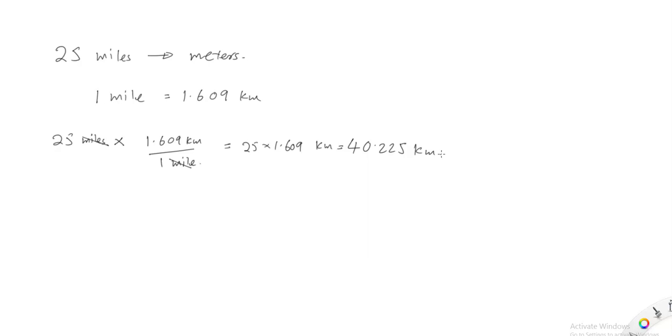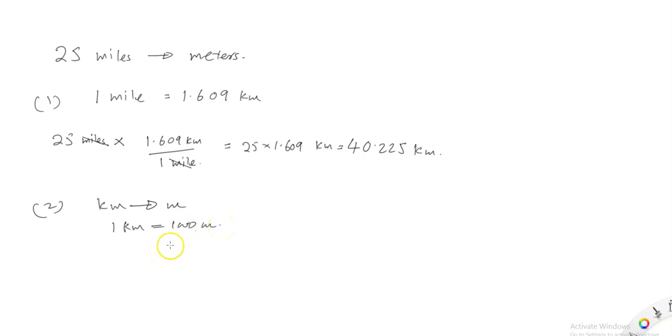Alright, now we need the answer in meters. This is my step number 1, this is my step number 2. I need to go from kilometers to meters. How do I do that? I know that 1 kilometer equals 1000 meters.